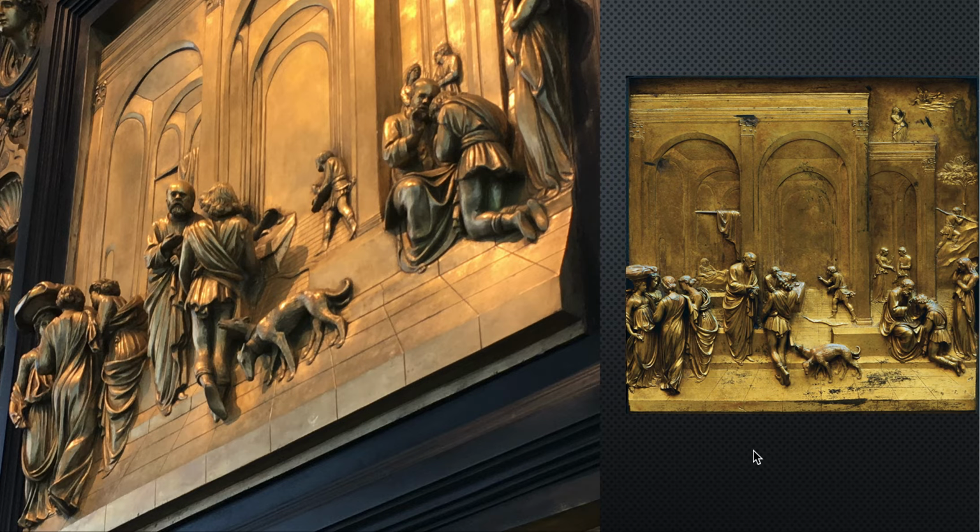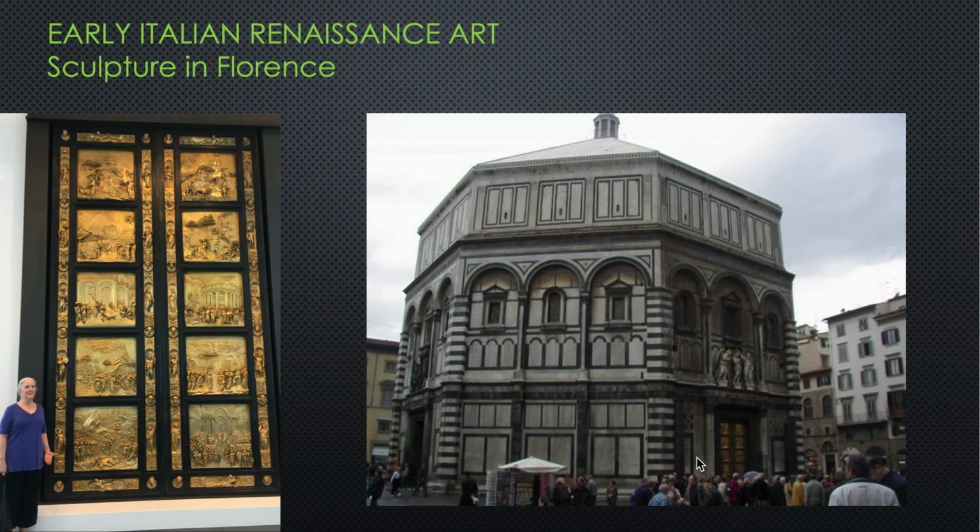And here's a picture. I've been close to copies. There are several casts that are out and about in the world, and I recently visited this copy, so I was able to put my phone really close and photograph these figures. So when I say they're popping out really far, you can see how high their relief is. So that's very cool.